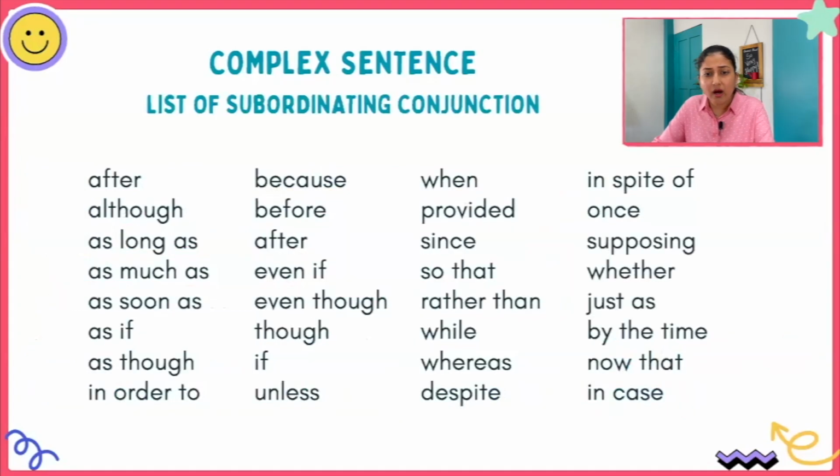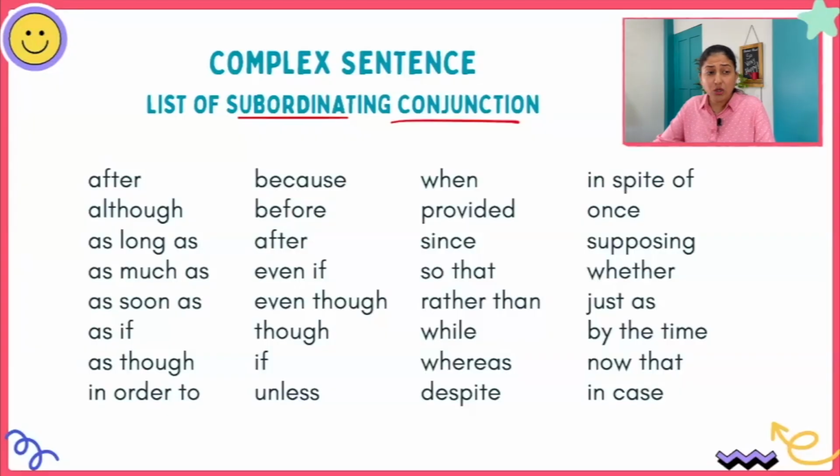So, here are quite a few subordinating conjunctions. Just have a look at them. You can pause the video, try reading these subordinating conjunctions, and understand that there are more. However, if you just learn these many, you will easily be able to write good answers in your IELTS exam.